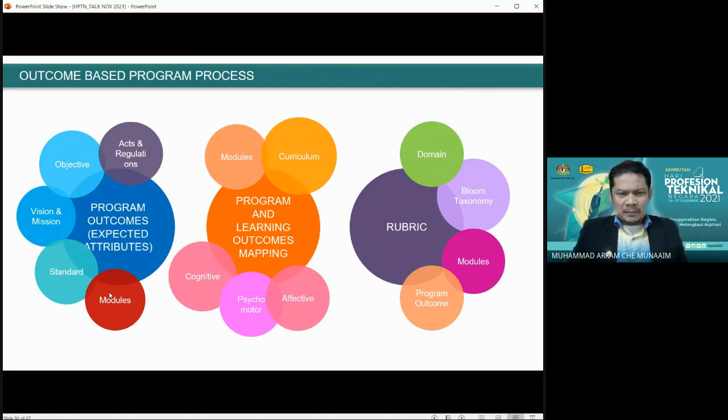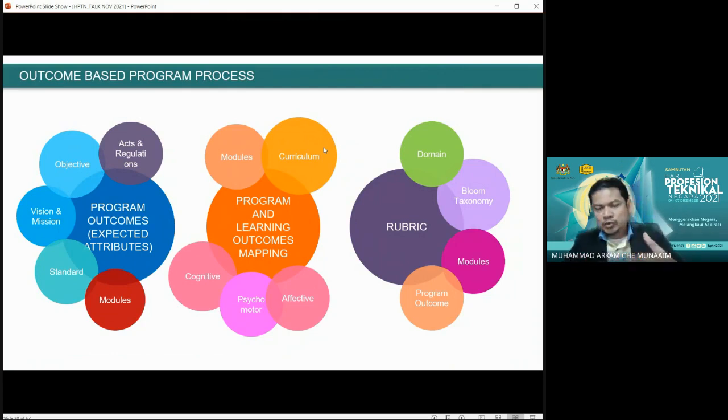And in program and learning outcome mapping, we have cognitive, psychomotor, and affective domains, PSA, or KSA: knowledge, skill, as well as attitude. They have been put into the modules and the curriculum so that we can see very well what the expected knowledge is that needs to be prepared by the candidate.